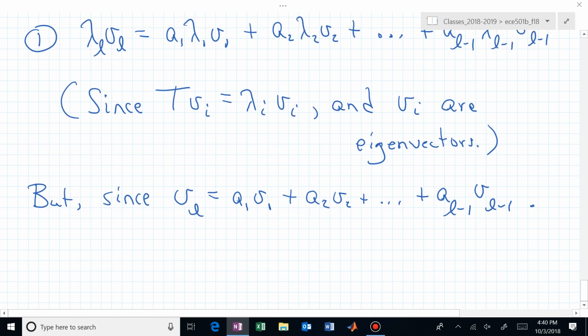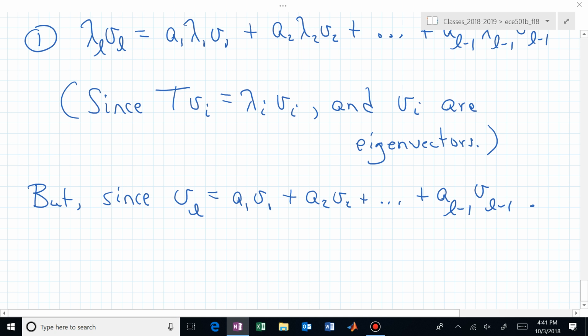I kind of like that lambda sub L V sub L on the left of that equality sign in 1. So let me get that to happen down here. Let me multiply lambda sub L on both sides of this equation. So let's push this lambda sub L through all of these terms.